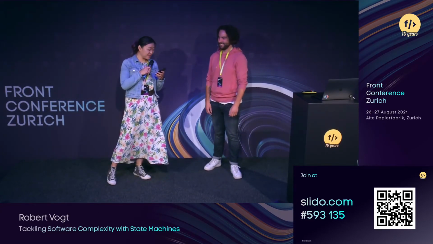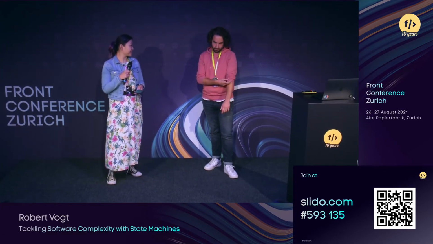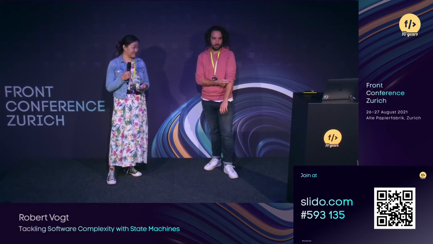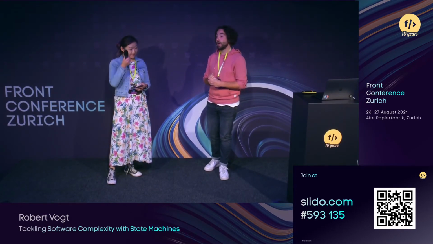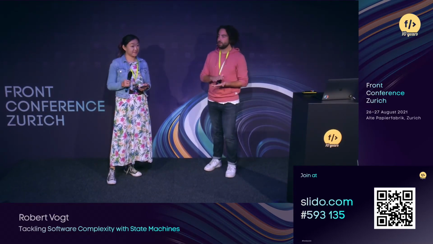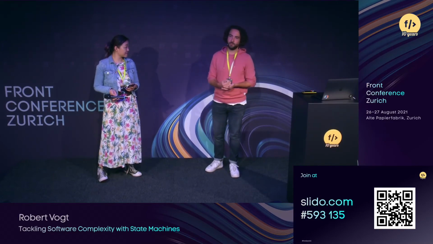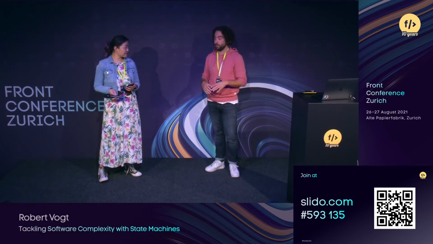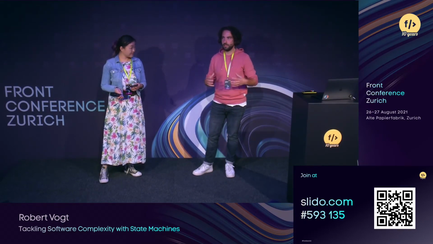The question is, can you recommend a good way to start? Are there easier ways than XState? I mean, the problem with XState, I'd start with XState. But it comes with many concepts. It quickly introduces you to model-based testing. It quickly introduces you to the actor model, which I haven't even touched today. And there's a lot of complexity in it.